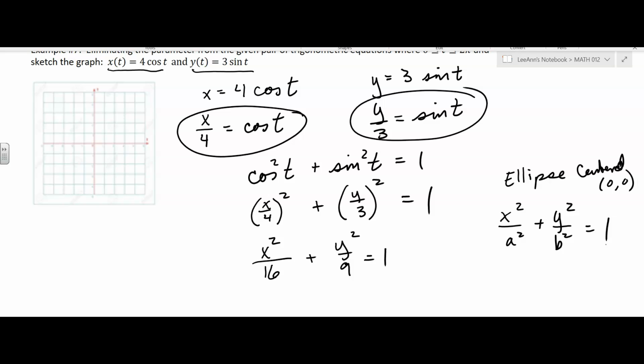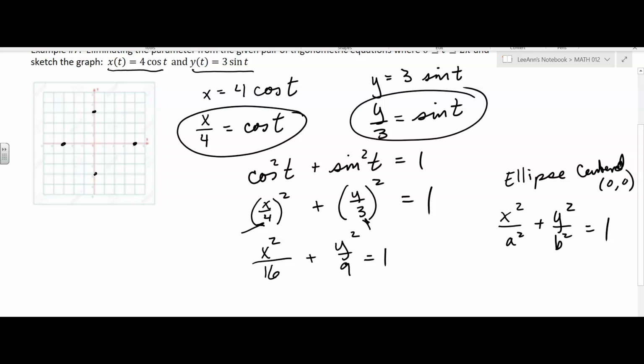And this is an example of one. Okay, so I'm just reviewing it, showing it here for you. So the a in this case is 4 and the b is 3. And what I usually do to graph these, I just go out 4 units on the x-axis in both directions. 1, 2, 3, 4. And then I go up and down 3 in this case because b is 3.